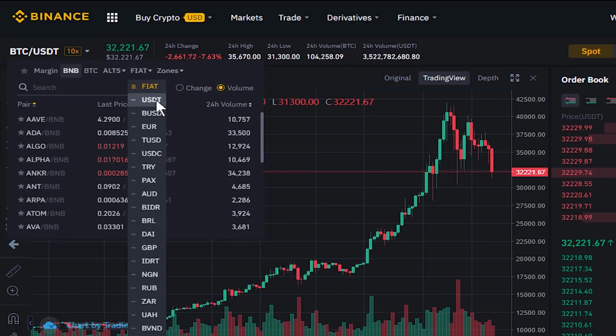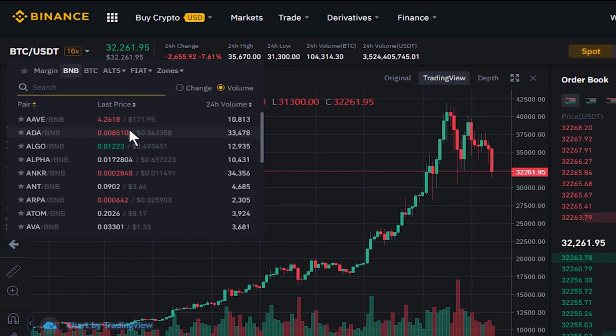We have also other stable coins like BUSD or TUSD, or you can even trade in terms of fiat currencies like Euro or Australian dollars, British pound. But you must pay attention that among all these currencies, the highest trading volume is for USDT or Tether, so you will have higher liquidity for trading. Let me show you.